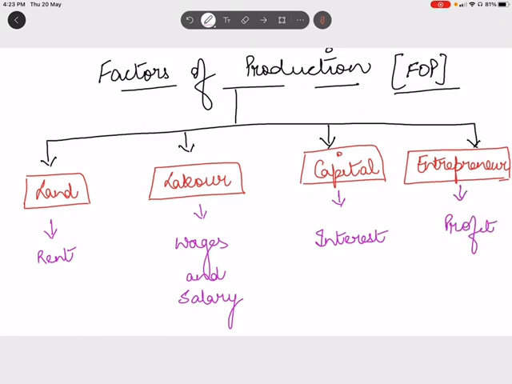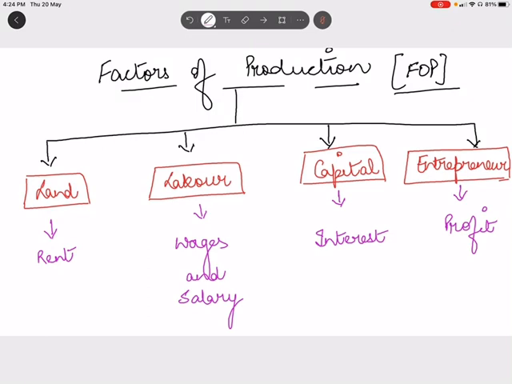So these are the four main factor incomes which are associated with different factors of production. We are paying rent to the piece of land, we are paying wages and salary to all the human resources, to all the labor who are actually helping me out in the production process. We are paying interest to the capital and the rest of the amount goes to the entrepreneur in the form of profit.